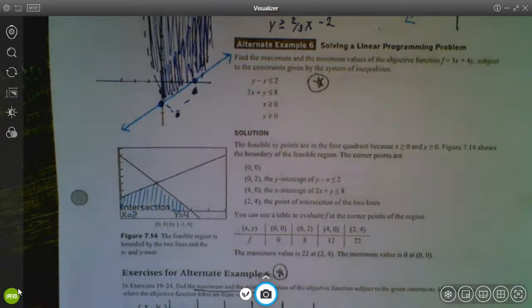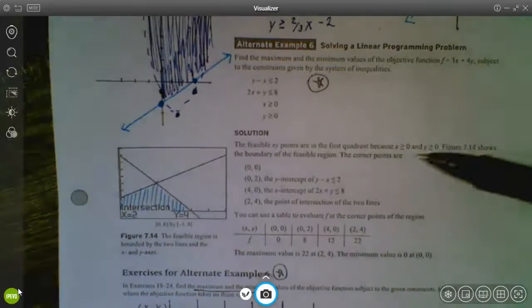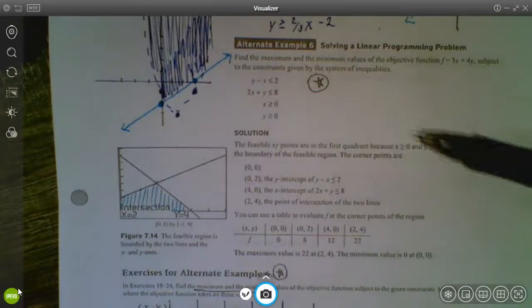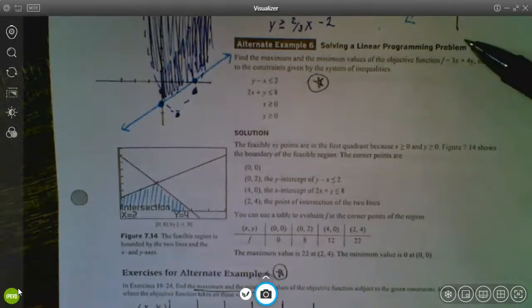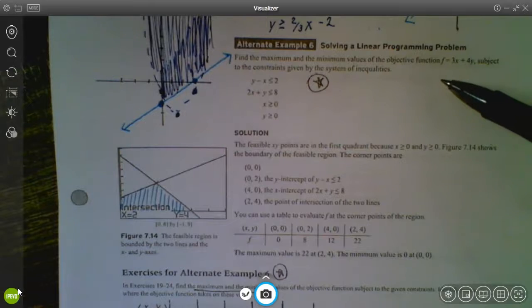Guys, typically this is done within a word problem, where the constraints end up being logical constraints. Like if I was talking about, say, something related to the area of a square. Let's say maybe the objective function had to do with an area of a square, or a rectangle, whatever.